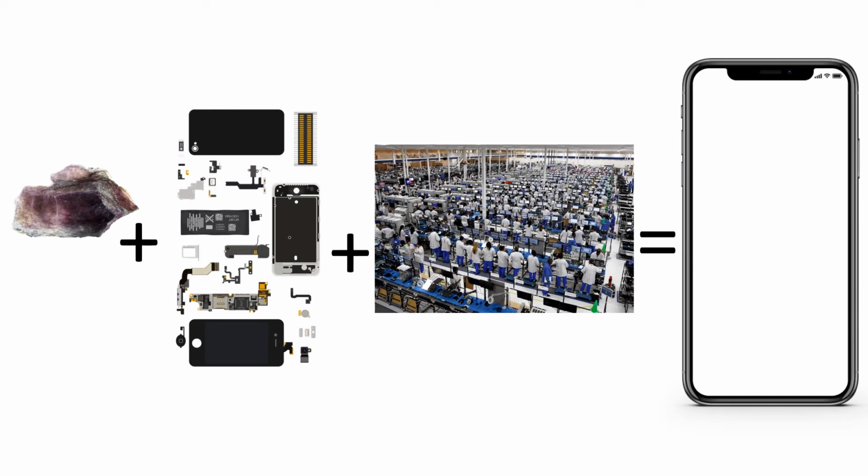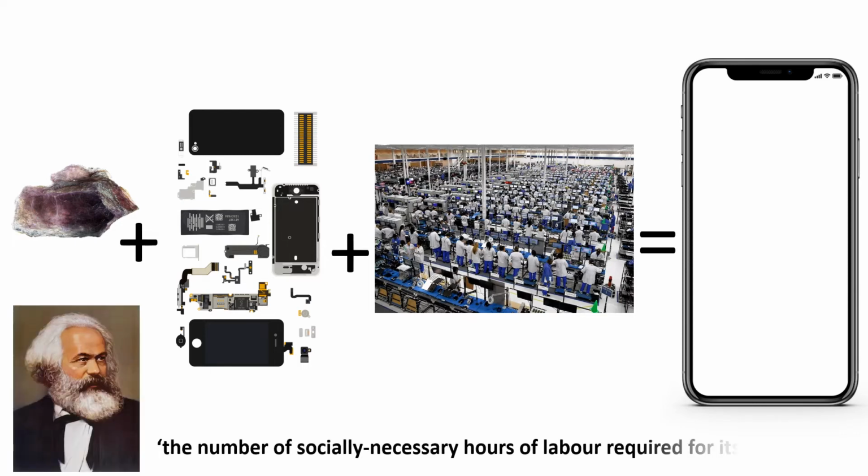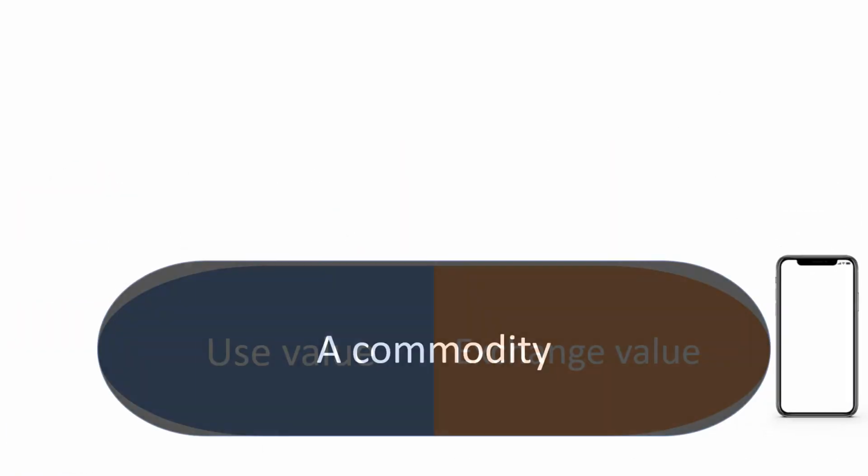In summary, what is the value of the raw materials, the components, the proportion of the fixed capital like buildings and machinery? It's calculated in just the same way, by the amount of socially necessary hours required for their production. We have to look even more closely at the commodity.